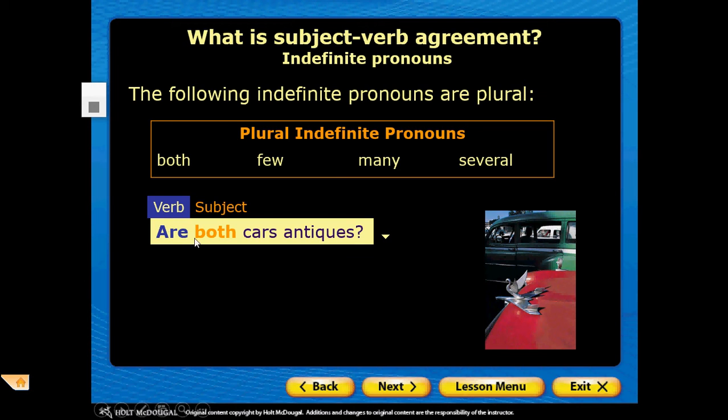Here, for example, we have, are both cars antiques? We are talking about these two cars in the picture here, and I'm asking a question about them, wondering if they are antique or not.